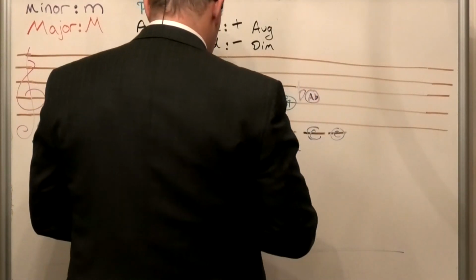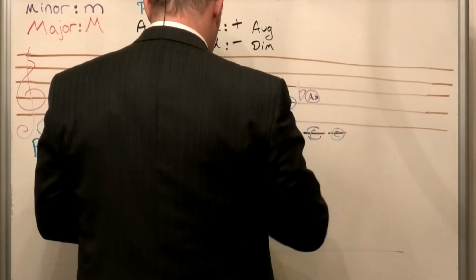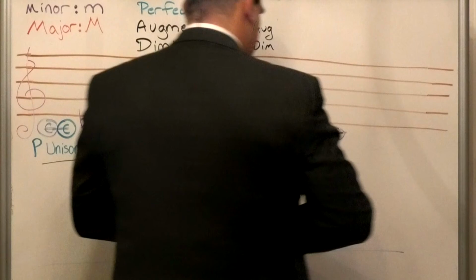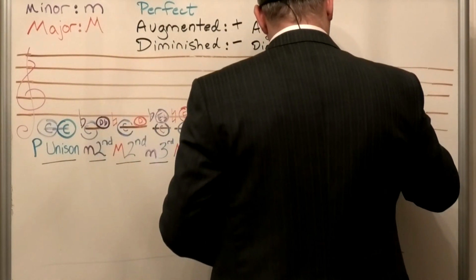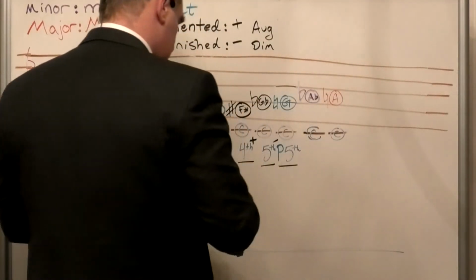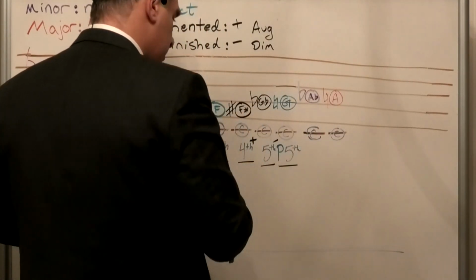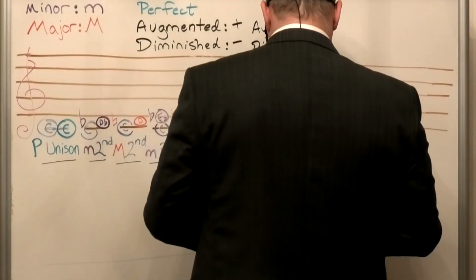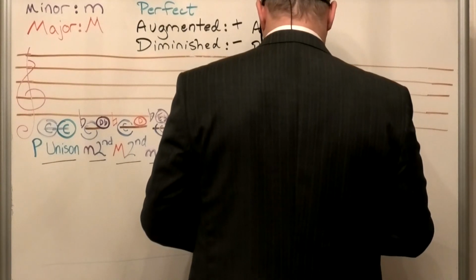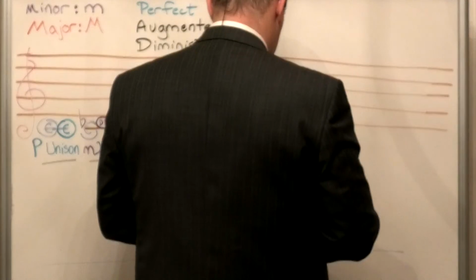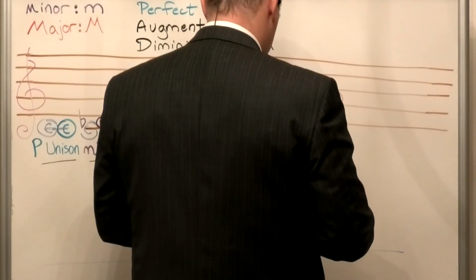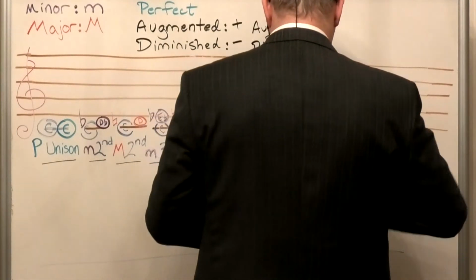So it has to be some type of sixth. It's the lower sixth because the next one is a natural. So that's going to be the wider interval. So it's going to be the minor sixth and the major sixth. Here we go, sixth.